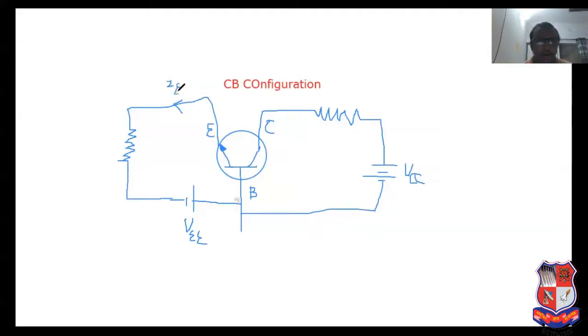Now this current is IE, this is known as IB, and this is known as IC.